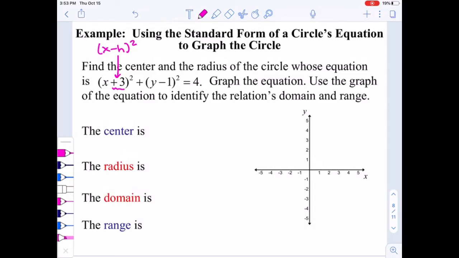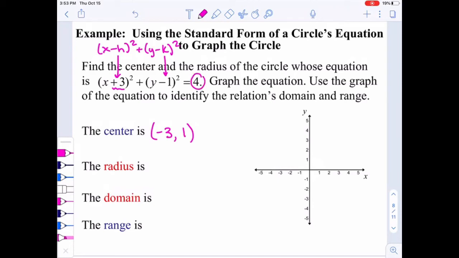So it's read as a plus 3, which means it's really going to end up being an x value of -3. And then we would have had added the y minus k that would have been squared. So again, you don't have to really memorize the setup of it. If you remember transformation-wise, inside of the parentheses, do the opposite of what you think. That says y minus 1, which means we're going to have a positive 1. So the center of our circle is going to be at (-3, 1).